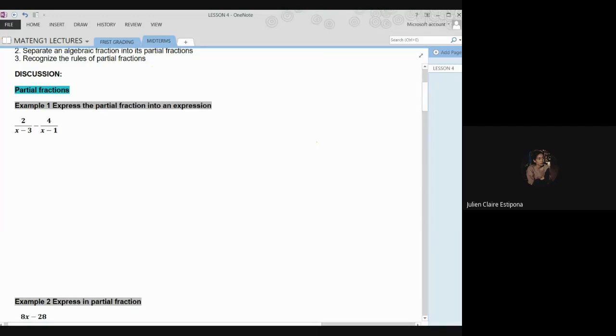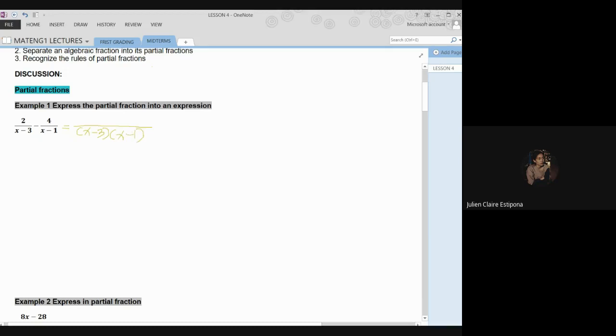So we are going to express this one into an expression. Naiisa lang siya. Okay? So partial fraction ang tawag dito, ha. So if we are going to express that into an expression, let us just get the least common multiple of the denominator, which is x minus 3 multiplied by x minus 1.